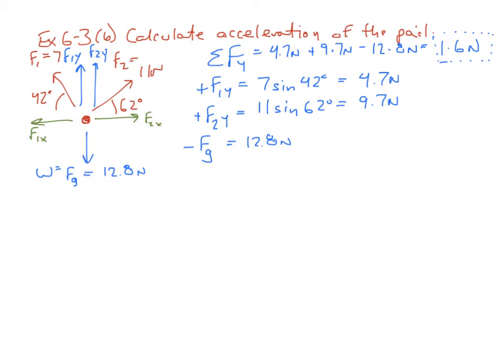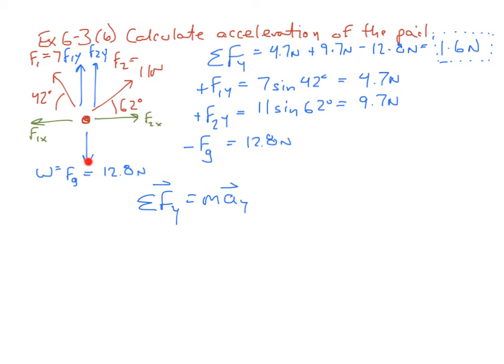It's just going to be Newton's second law. Recall that the net force in the y direction equals the mass times the acceleration in the y direction. Now, one thing you need to be careful of here is that you're used to looking at the acceleration in the y direction and saying, oh, that's gravity, that's 9.81. Well, no, it's not, because this value right here is already accounting for gravity.